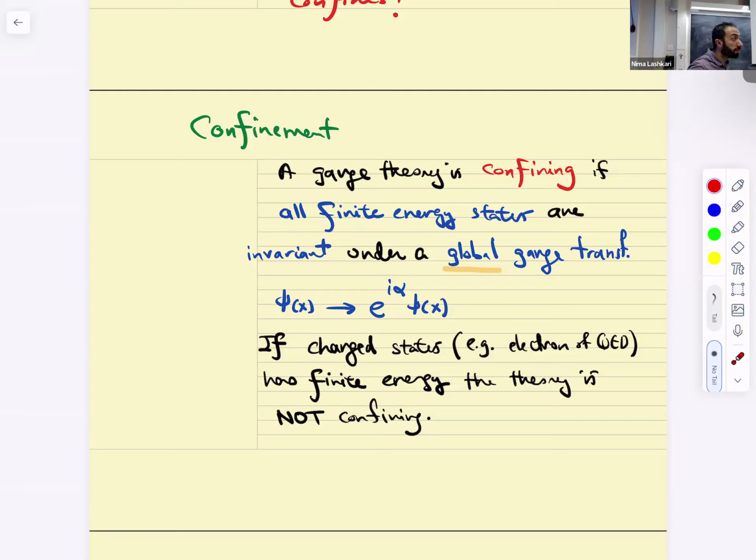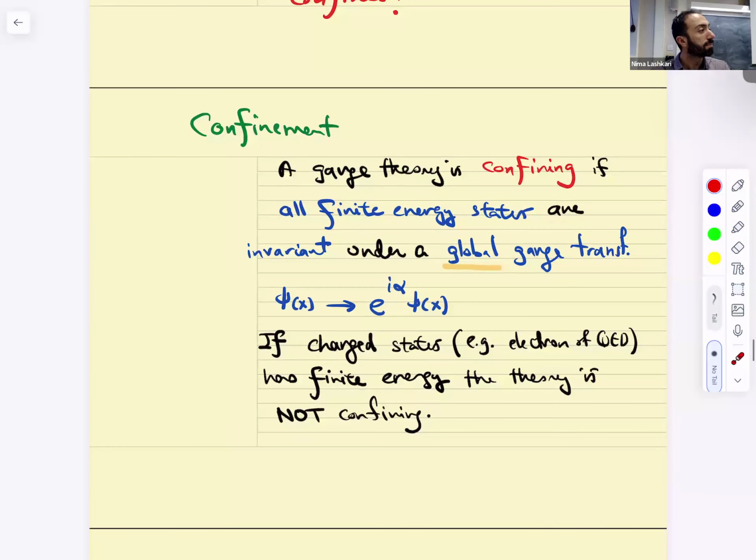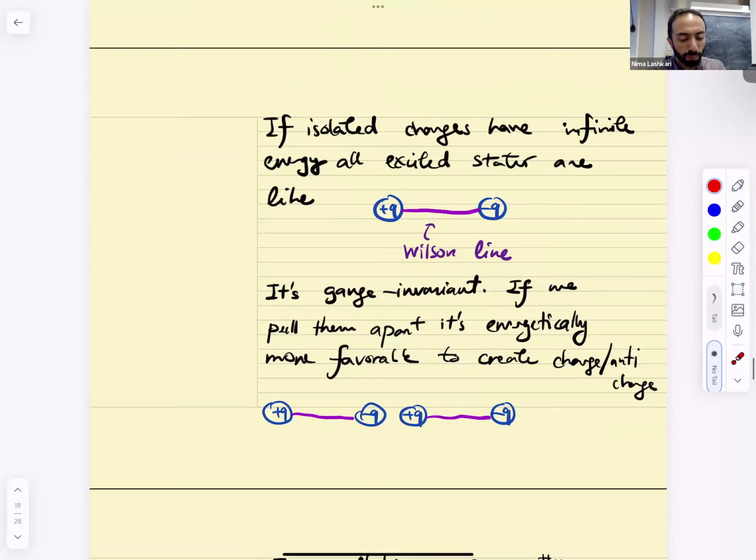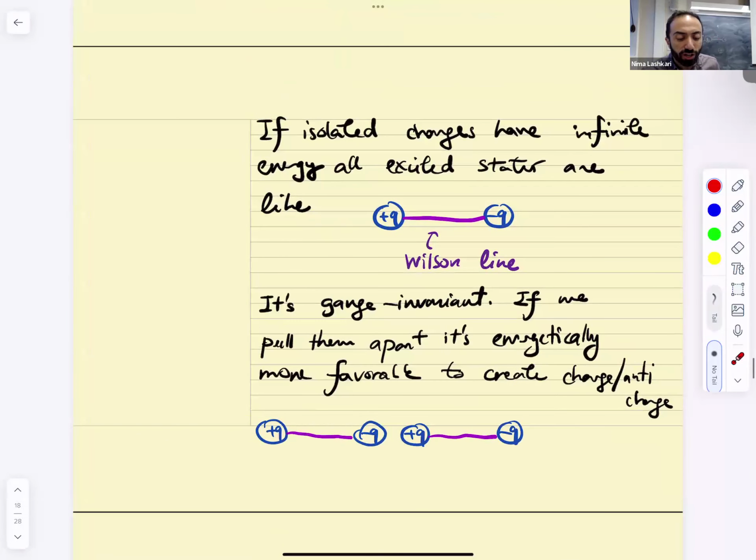So the theory is not trivial, right? This is the definition of a confining theory for this course. So if isolated charges have infinite energy, all excitations should be of this type, roughly speaking, right?